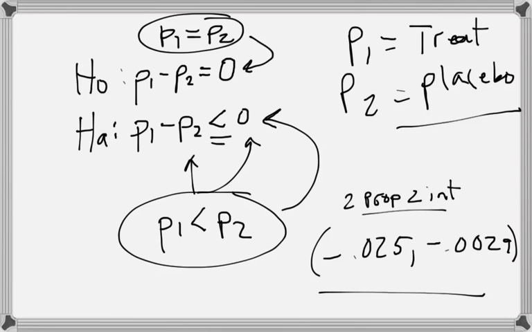Because 0 is not in my interval, we believe that the treatment group really is having a reduction in heart attacks. I'm 95% confident that the true difference in the proportions is between blah, blah, blah.